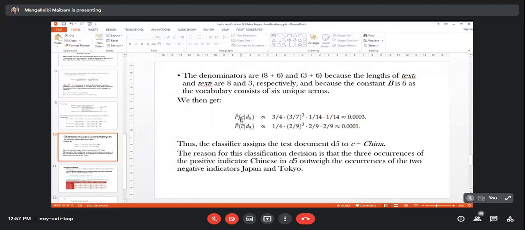We are going to check this probability and also D5 in North China class. We will check these two probabilities and conclude to which class D5 belongs. Now 3 by 4, this is the prior probability.